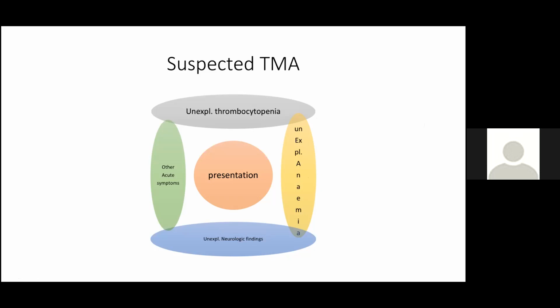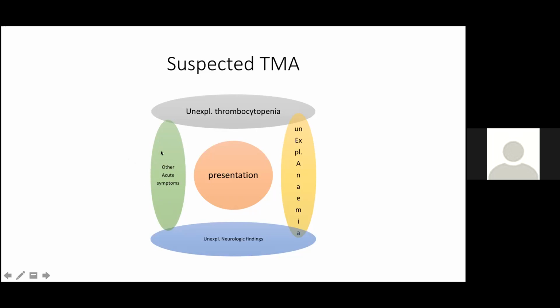They will have unexplained neurological findings because they are not in an age where they would get a stroke. And the patient will have other acute symptoms: abdominal pains, features of pancreatitis, diarrhea, those types of symptoms.